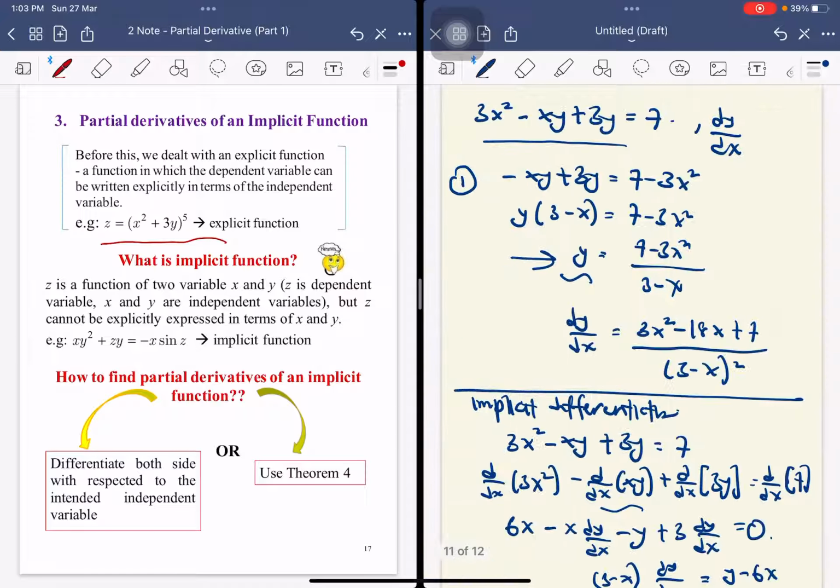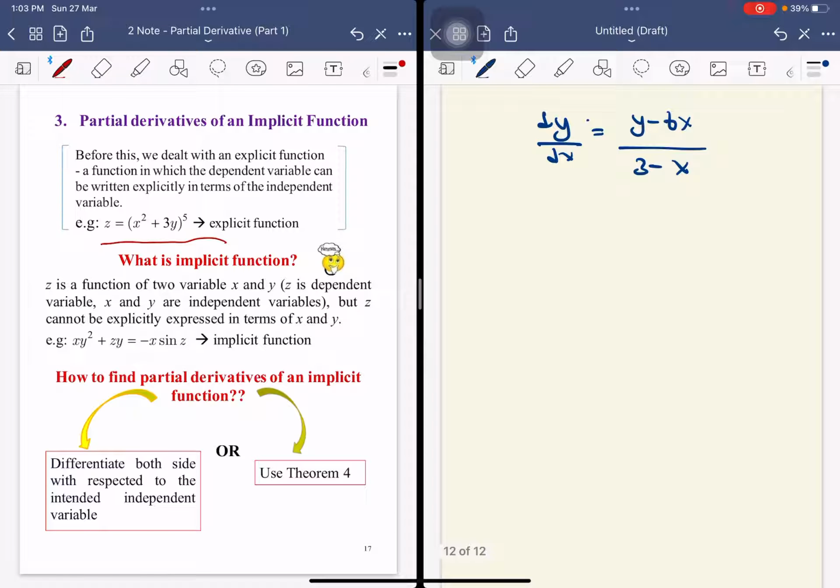If we compare, it's different, right? But if you look at the right hand side of the first answer, all terms are in terms of x, but here we have y. If you substitute y with the expression we got just now and simplify, you get 7 minus 3x squared over 3 minus x.